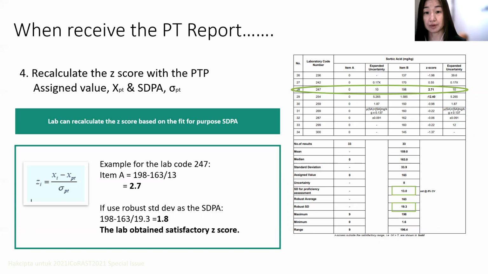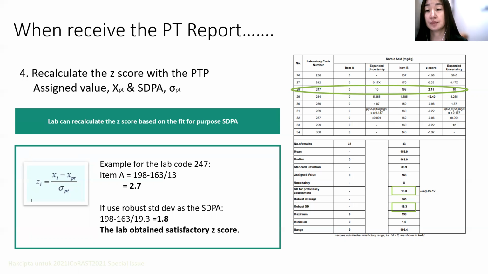This is one example, lab code 247, which obtained a questionable result, z-score equal to 2.7. From here, if this lab uses the robust standard deviation as the SDPA, the lab obtains a satisfactory z-score of just 1.8.